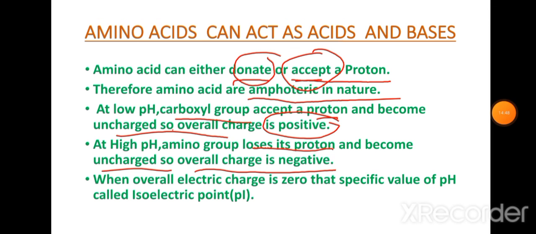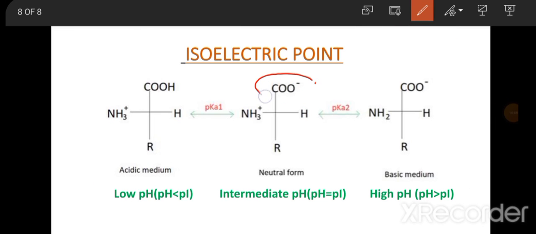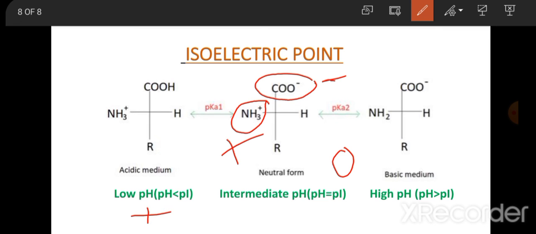When the overall electric charge is 0, that specific value of pH is called the isoelectric point. COO minus, NH3 plus. Here negative, here positive. So net charge 0, here net charge positive, here net charge 0, here net charge negative.